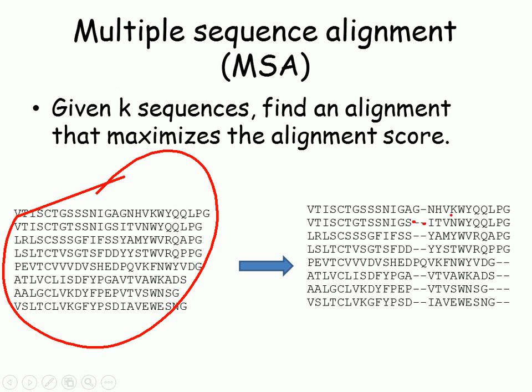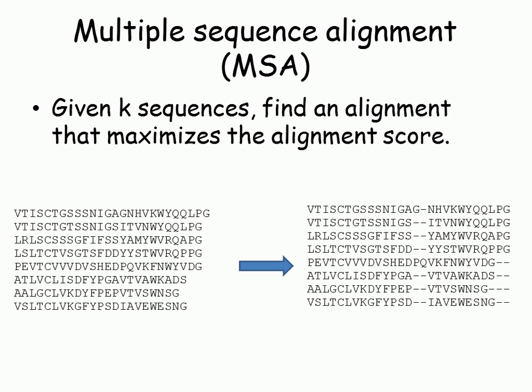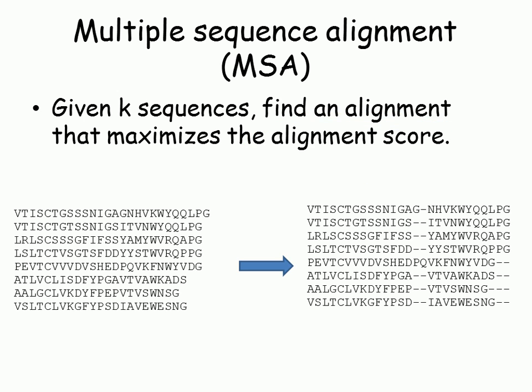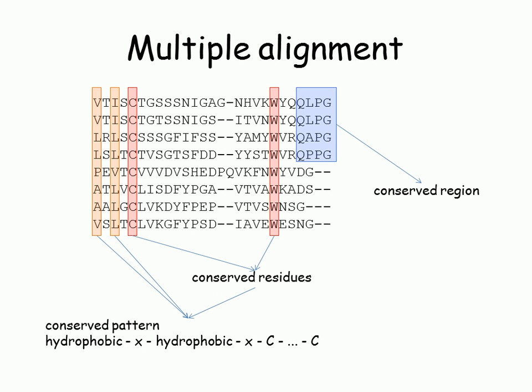So you are aligning the sequences such that the corresponding residues align with each other. And similar to pairwise alignment, you want to find an alignment that gives you the maximum alignment score. And we will discuss what that alignment score means. So it's not as obvious as it was in pairwise alignment.